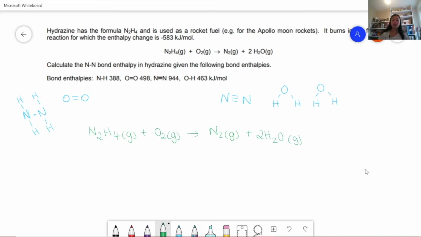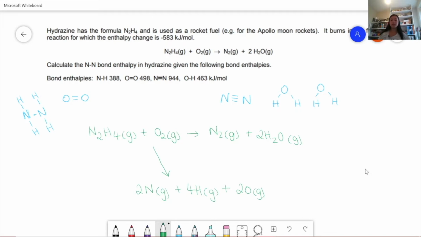The N2 will become 2 nitrogen atoms, and these will all be gases, because the definition is that it's in the gas phase when we look at bond enthalpies. Then we've got 4 H atoms, which are all gases, and also 2 oxygen atoms. If we go from this to this, that is the bond enthalpy for the N2H4 and oxygen.